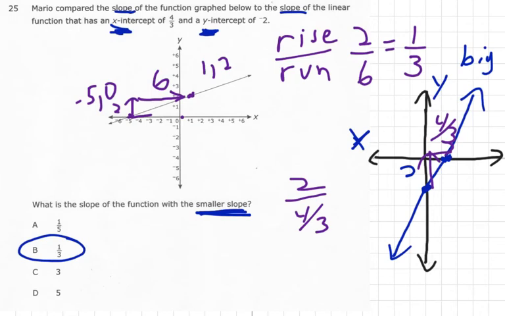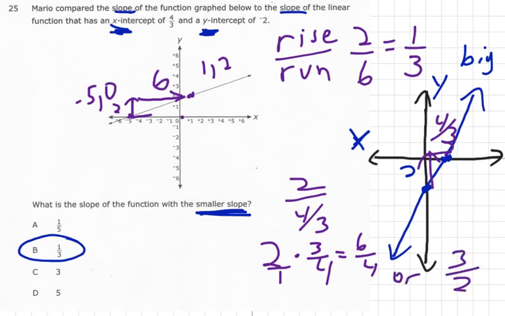If you recall, when we are dividing, we can just multiply by the reciprocal, which would be 3/4. 2 times 3 is 6, 1 times 4 is 4, and that's really 3/2, or 1 1/2. So 3/2 would be the bigger slope if they were asking, which they're not, and 1/3 is our smaller slope.